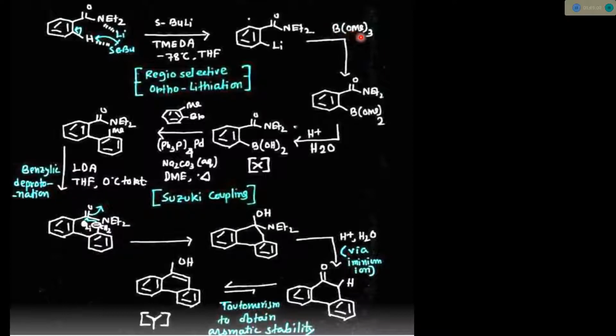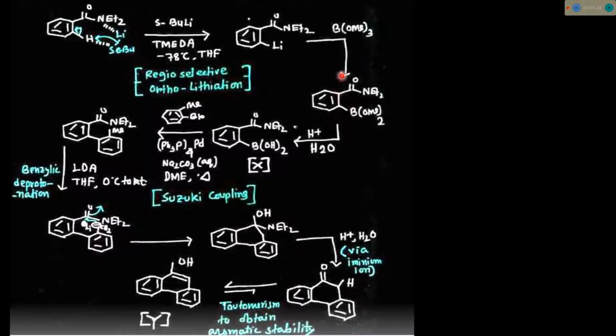Now B(OMe)3 is there. This negative charge will attack the boron atom and one OMe leaves as OMe minus, which abstracts a hydrogen from the reaction medium to form methanol.